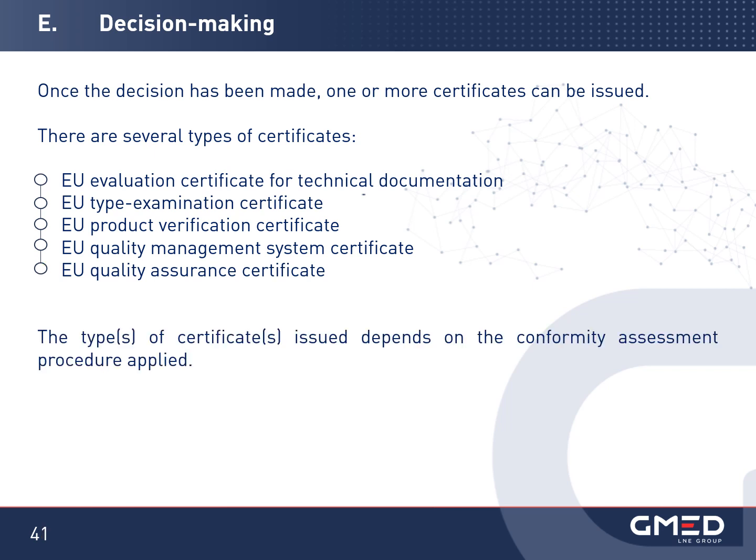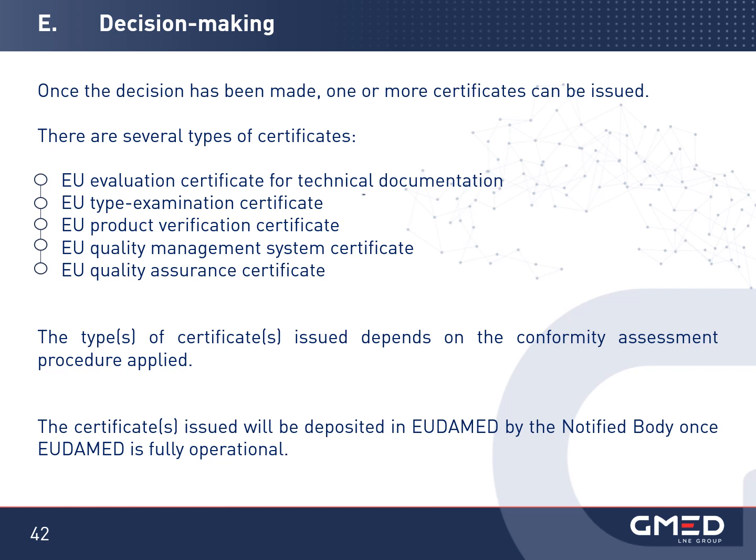The type of certificate issued depends on the conformity assessment procedure applicable to the device and chosen by the manufacturer. When EUDAMED is fully operational, the certificates issued by the notified body will be deposited on the European database for medical devices.